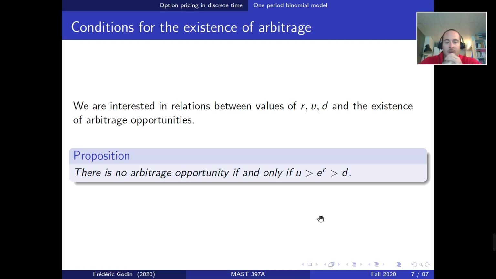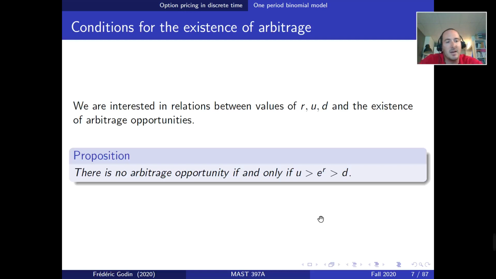We said that the stock price can go up or down. If it goes up, its price is multiplied by u. If it goes down, it's multiplied by d. But one question we might ask ourselves is, what are values which make sense for r, u, and d? Are there values which we should rule out? By making sense, I mean, can we ensure that for a given set of values r, u, and d, there's no arbitrage on the market?